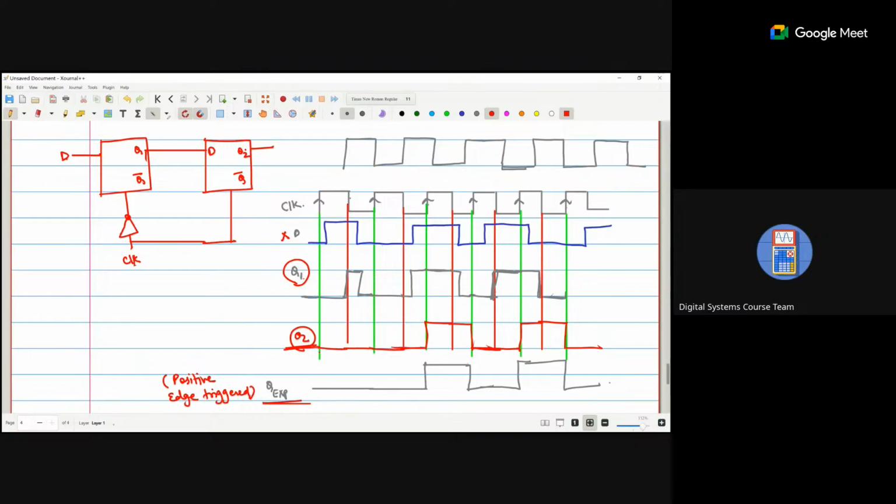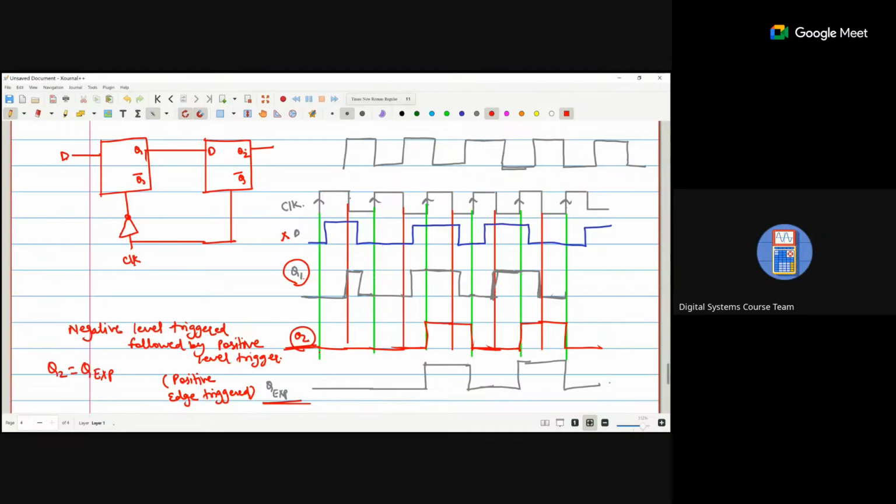And Q2 is, sorry, initially that is a negative level triggered, then followed by positive level triggered. Okay, and you can see that Q2 is equal to Q expected.